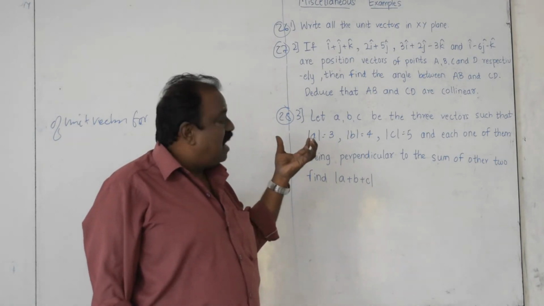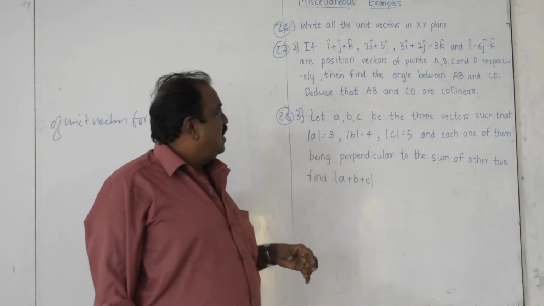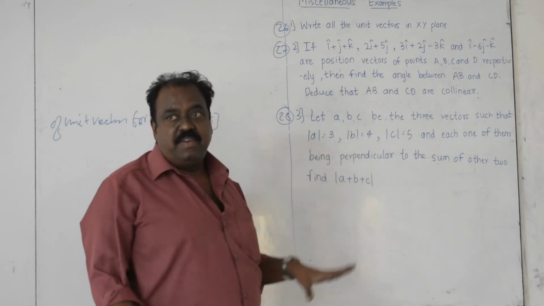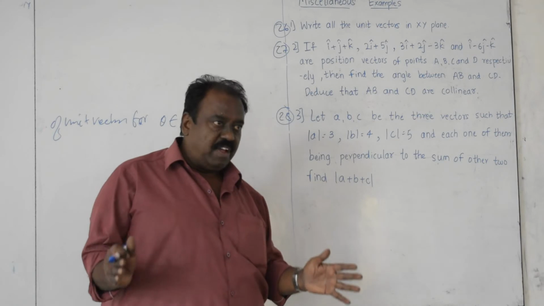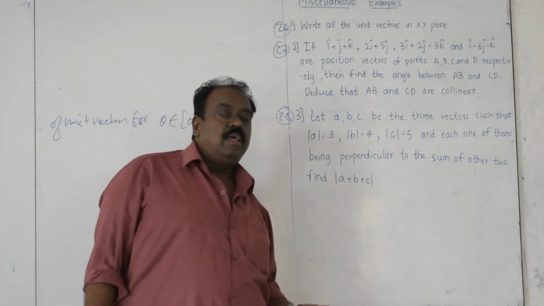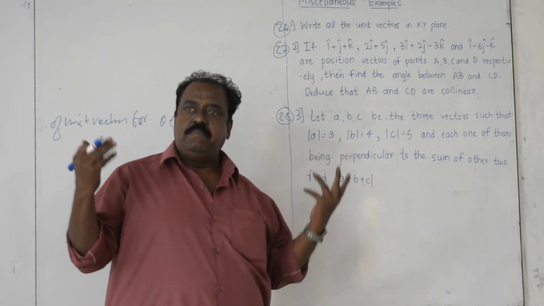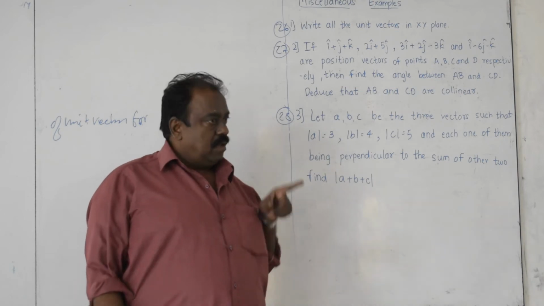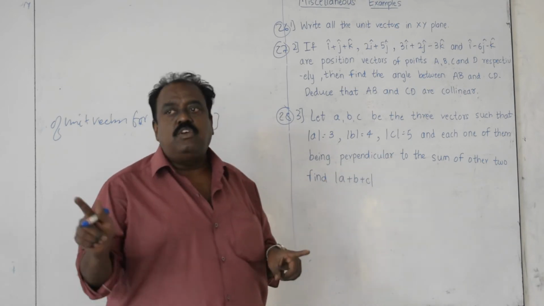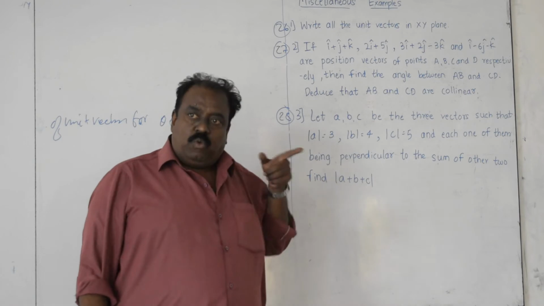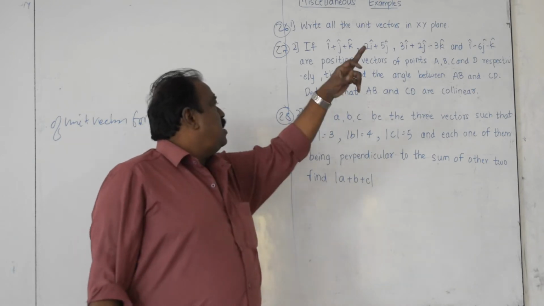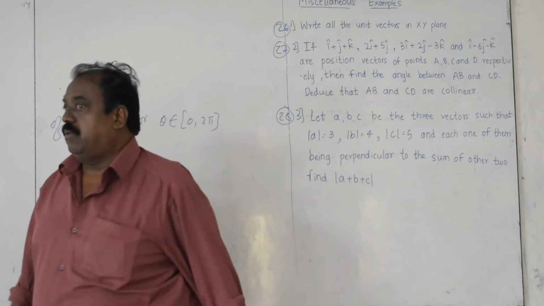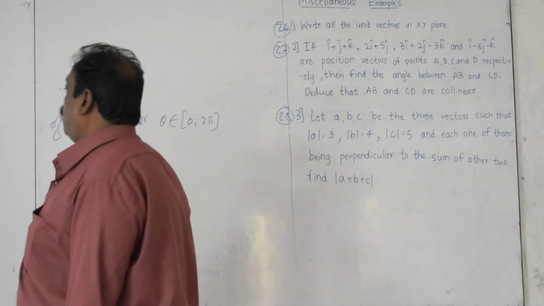Here AB and CD are not mentioned as vectors, which may cause some confusion. Let it be. It is not a vector: a line AB and another line CD. What is the angle between them? We take AB bar and CD bar. Now I deduce something.